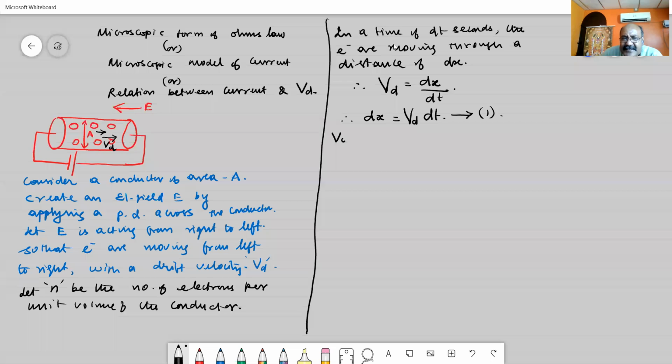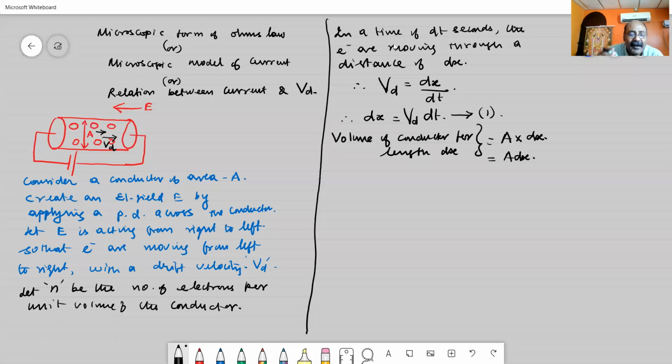So what is the volume of the conductor for the length dx? Let us consider like this: area into length. Length I have taken as dx. So the volume for length dx is A into dx. Now, in this volume, how many electrons are available?